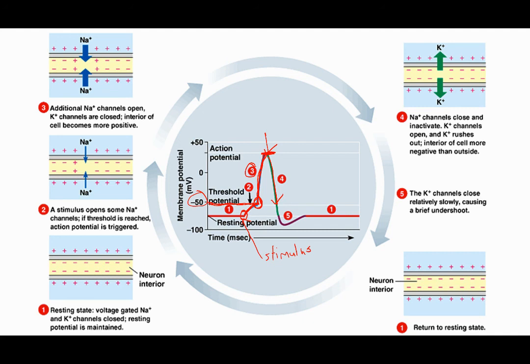Because the potassium gated channels close slowly, you're going to get hyperpolarization of the inside. It's going to drop below negative 70 millivolts, or whatever our resting membrane potential is. And then the sodium-potassium pump will reestablish high sodium on the outside, high potassium on the inside, getting back to resting membrane potential.